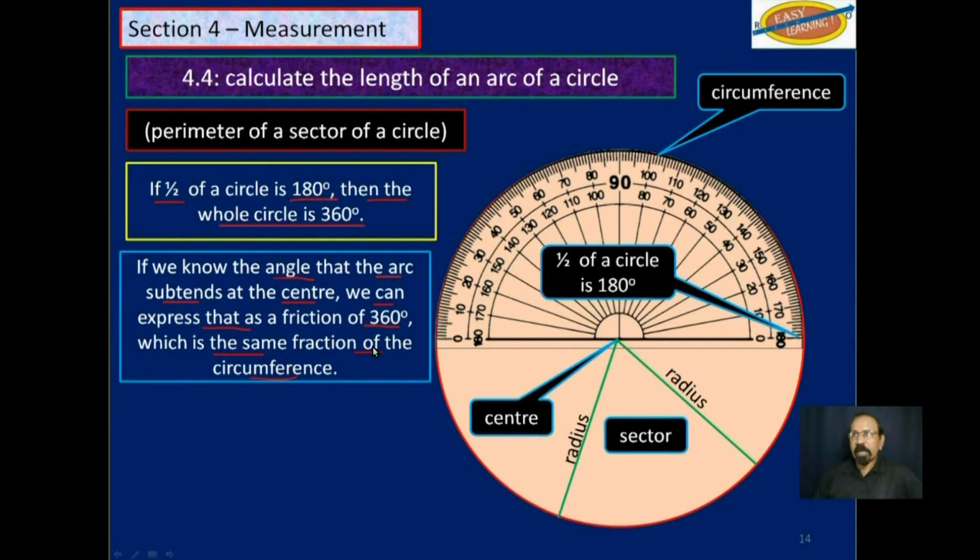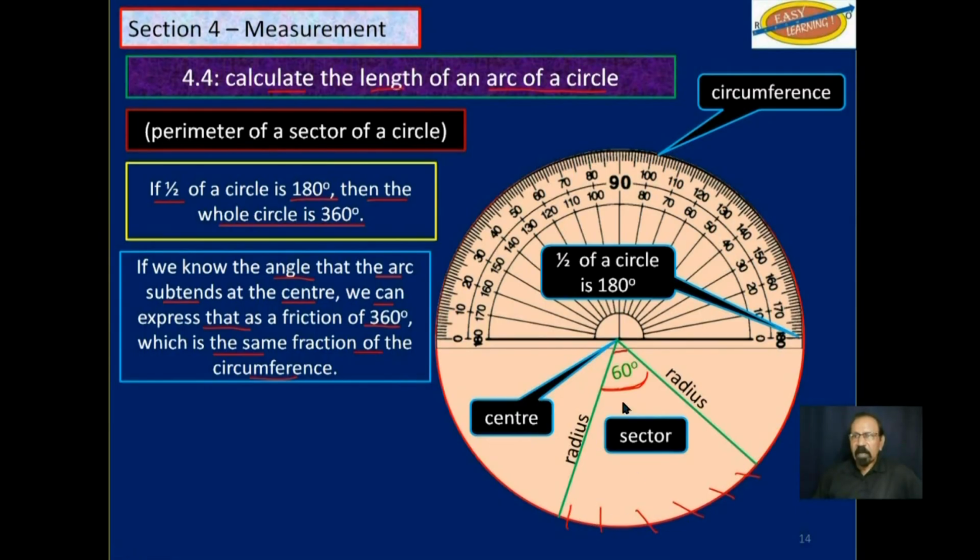Remember, we want to calculate the length of the arc of a circle. If we could find the whole circumference, and we know the angle at this point here, then we can easily express that as a fraction of the whole circle.